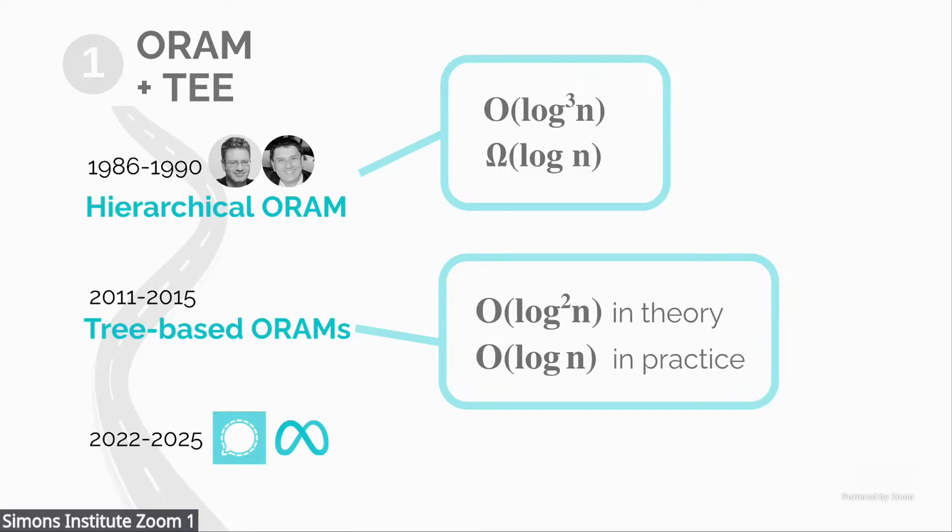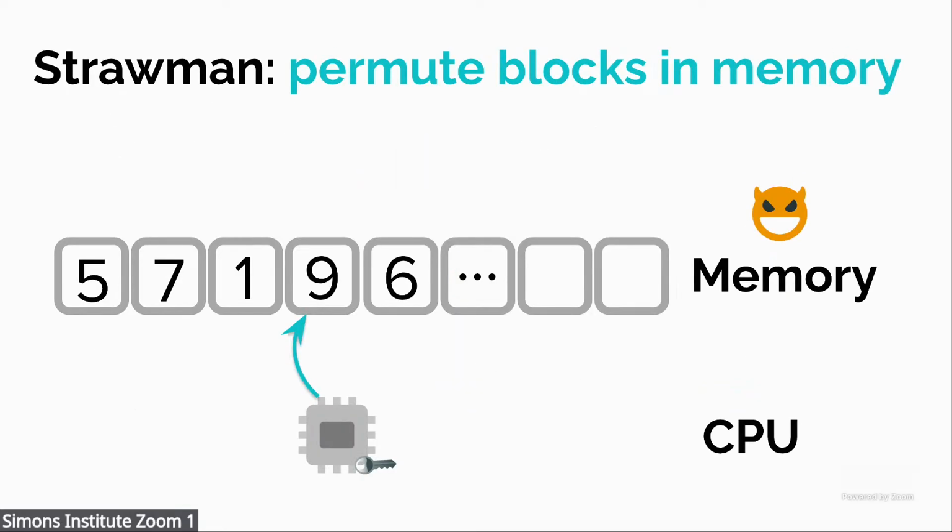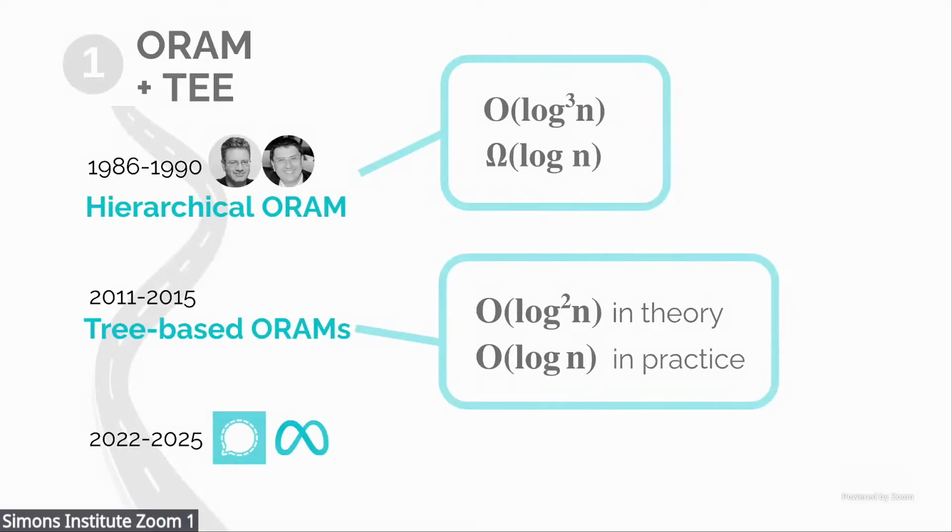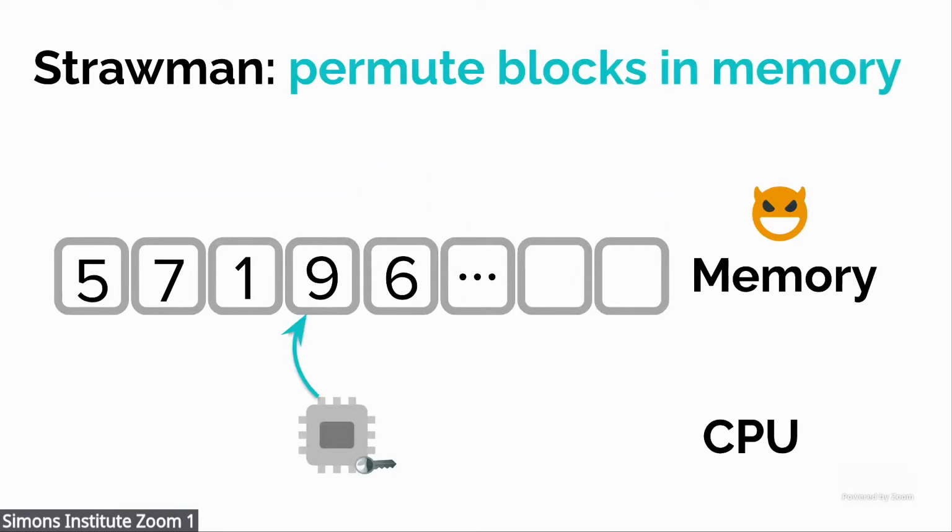One is actually a log base 2 of n, and the other is log base a large base of n, and that log n is just like 2 or 3 in practice. So really, in practice, we are seeing logarithmic performance. For today's talk, I'm going to tell you how tree-based ORAMs work. You'll see they're just extremely simple data structures. There's no crypto involved. Okay, so are you ready for the ORAM?